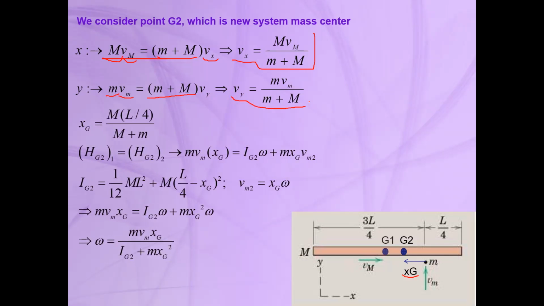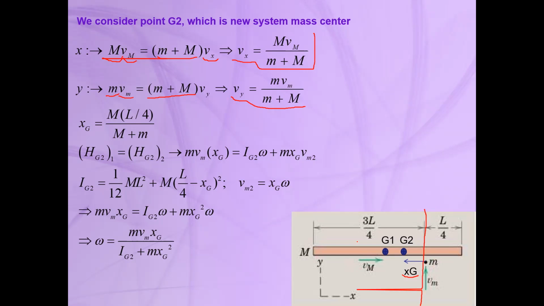The next step, we need to calculate the xg, or the position of G2, the mass center after the impact, when these two particles convert into one mass. So here we can write about an axis passing through this point.